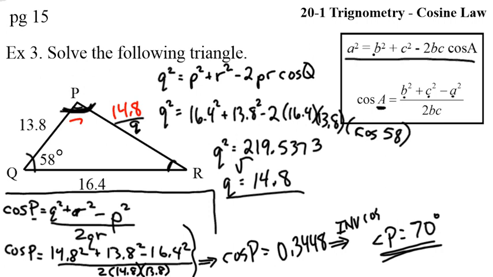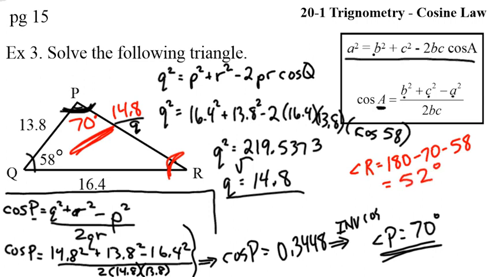We have not quite finished solving for the entire triangle because we still need R. I could use sine law now, because I have an angle side pairing. I could use cosine again, but I'm going to trust what I have, and it's okay as long as you show how that angle R will equal 180 minus 70 minus 58, and angle R works out to be 52 degrees. So there you go.